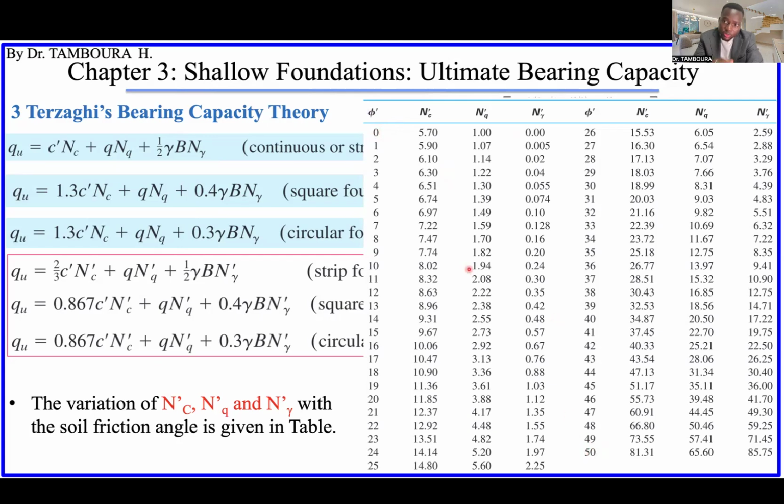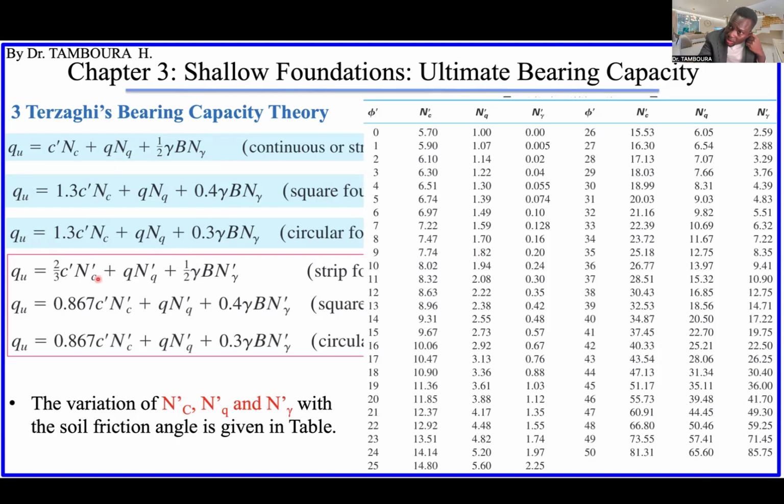So in case of local shear failure, use this table. It is not the same as this one. I hope everything is understood.